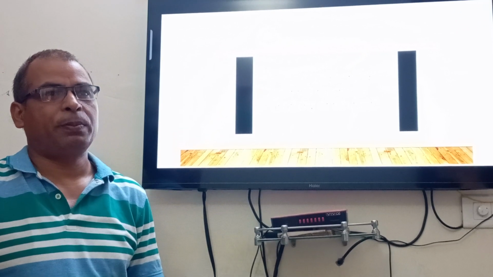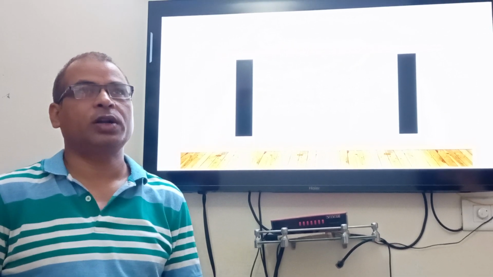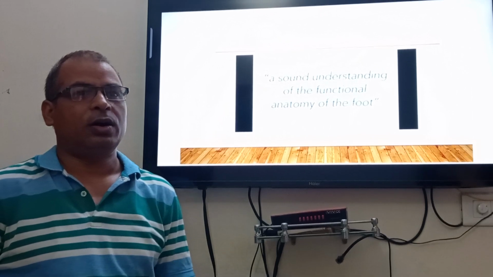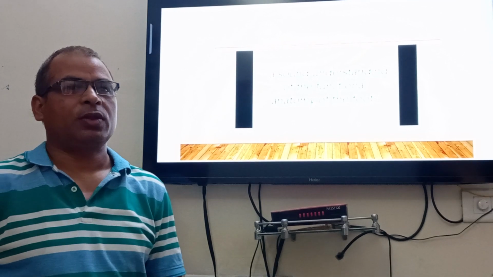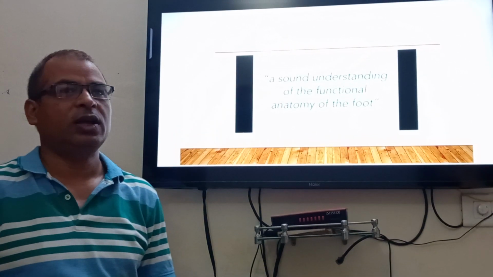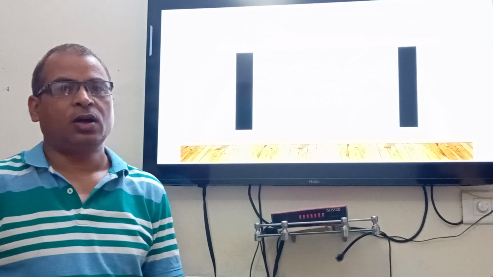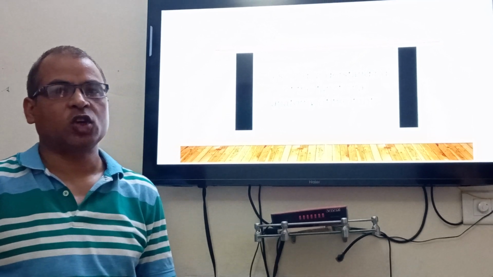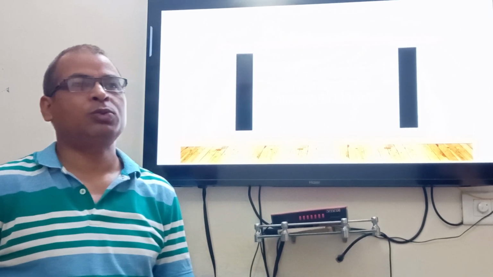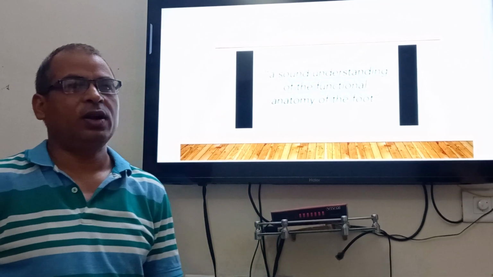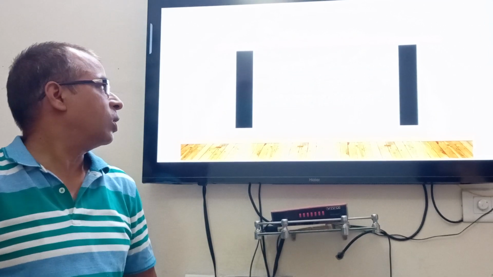So I think healthcare professionals like prosthetists and orthotists may be trained for this treatment of clubfoot, because they are well trained in plaster casting, and they also have sufficient knowledge of the biomechanics and kinematics of the foot. To cover the large population of India with clubfoot, prosthetists and orthotists may be trained for this management of clubfoot.